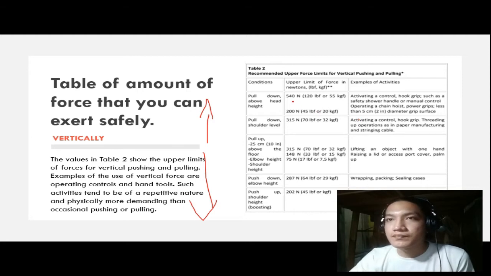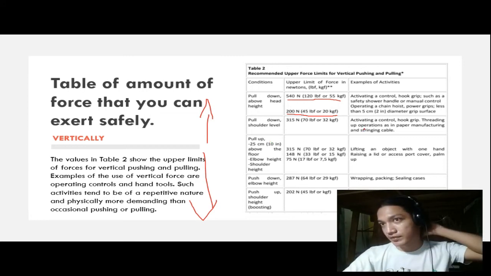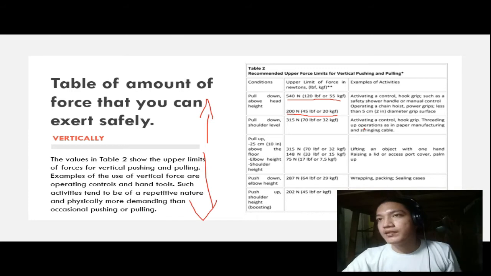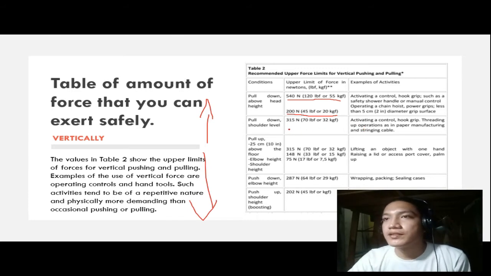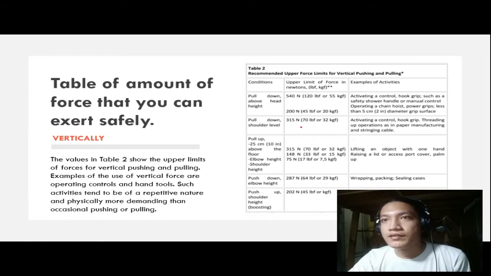Sabi dyan, hindi ka lumabas ng 540 newtons or 200 newtons. Pull down at shoulder level, kung dito ka hihila pababa. Activating a control hook grip, driving operation as in paper manufacturing and stringing cables. Kailangan hindi ka lumampas ng 350 newtons.